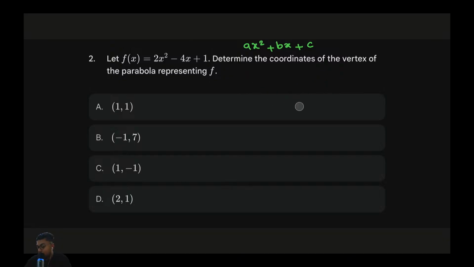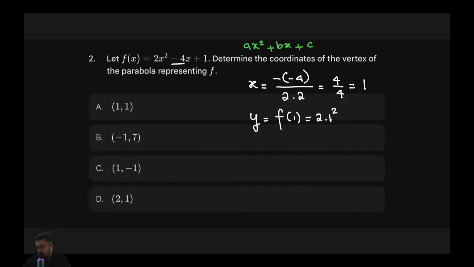So, okay, let's find the h-coordinate of the vertex, which equals negative b over 2a, where b equals negative 4, so negative negative 4 over 2 times 2. So it's going to be 4 over 4, which is 1, right? And then finding y, the y of the vertex equals f of 1, which is 2 times 1 squared minus 4 times 1 plus 1.